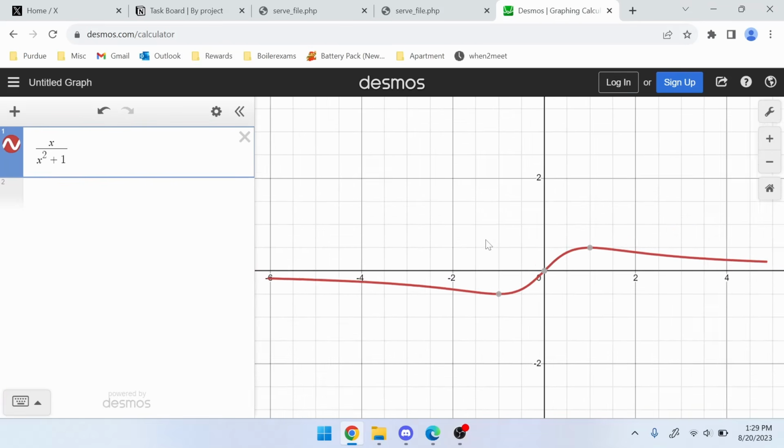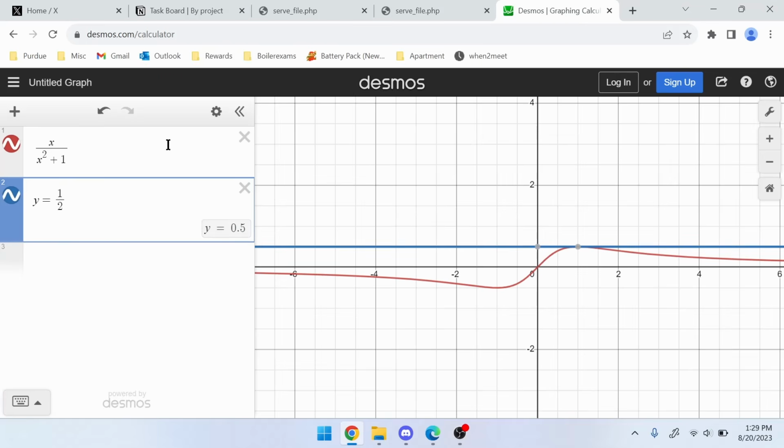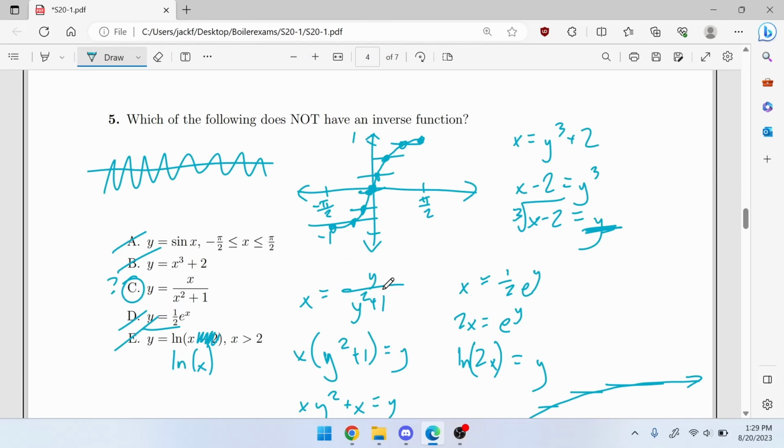Oh yeah, so this does not pass the horizontal line test because you'll see, right here, if we were to draw a line of y equals a fourth, it passes at 2 points. It passes right here, and it passes right here. So since it passes at 2 different points, it does not pass the horizontal line test, so C is correct. C does not have an inverse.